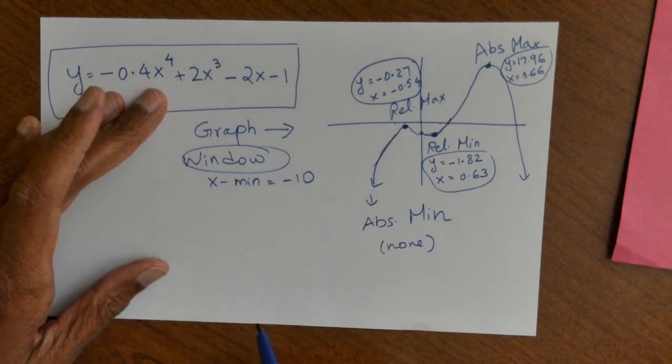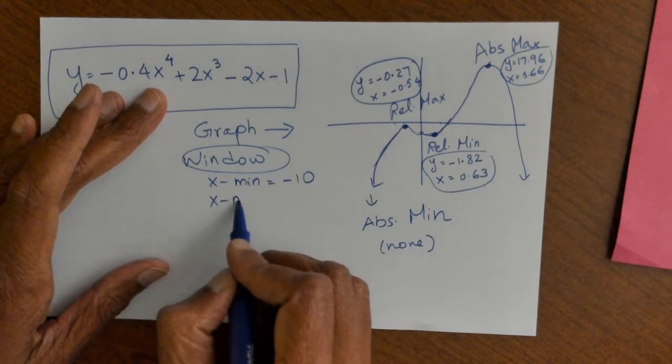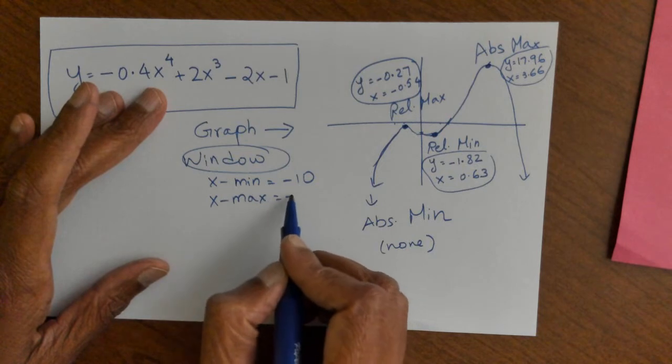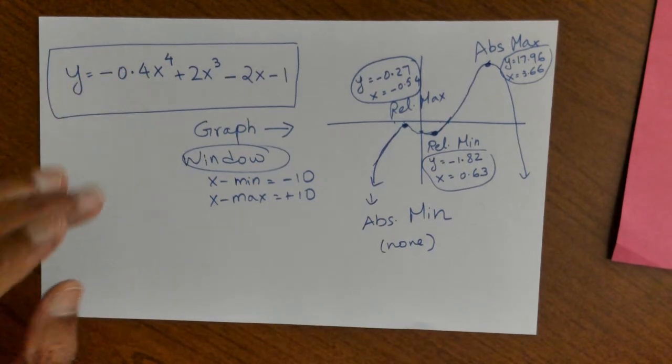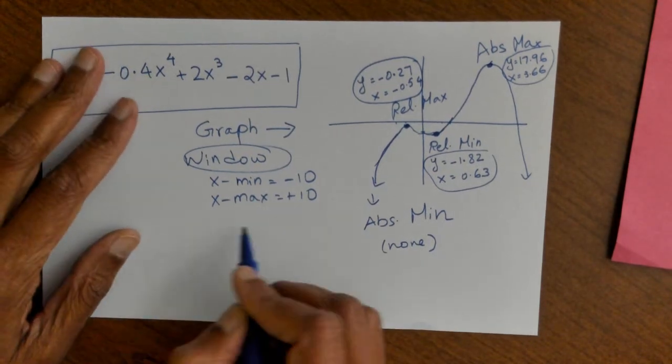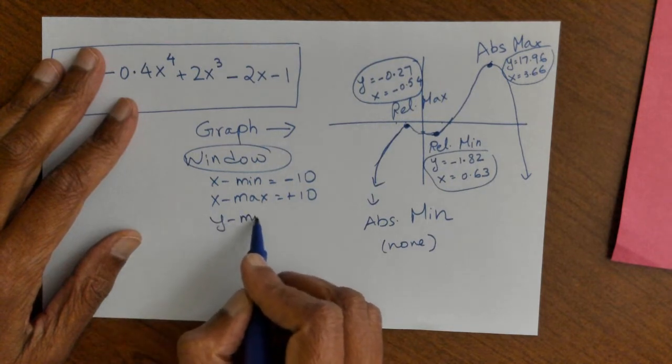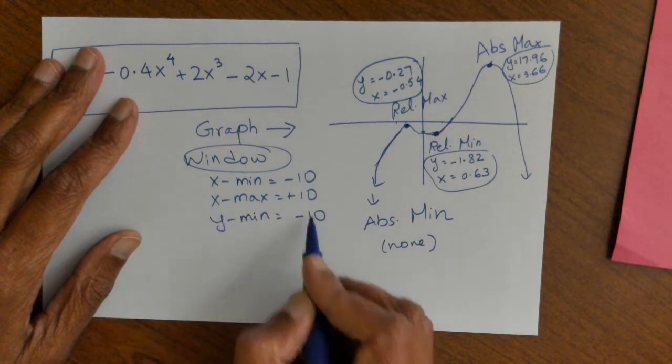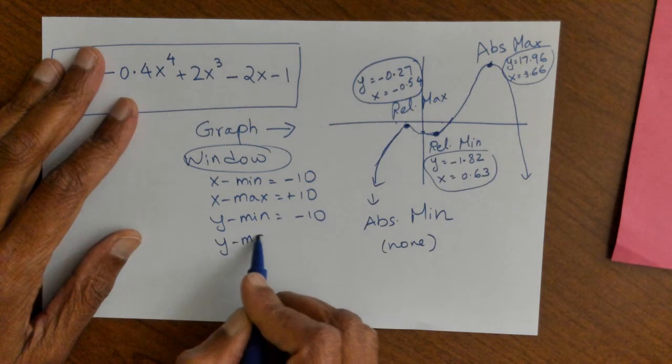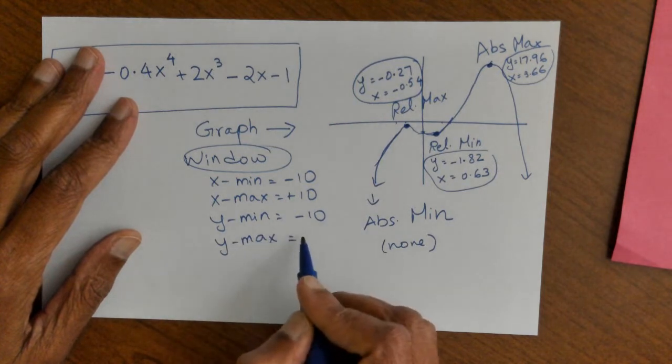Normally it's negative 10. X max is normally 10. It'll just say 10, it won't say positive. And then you'll have a Y min, in this case negative 10, and Y max is normally 10.